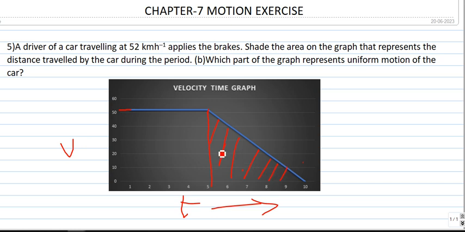This is the distance travelled by the car when the brake is being applied. So the next part, which part of the graph represents uniform motion? This square in the graph will represent the uniform motion of the car.